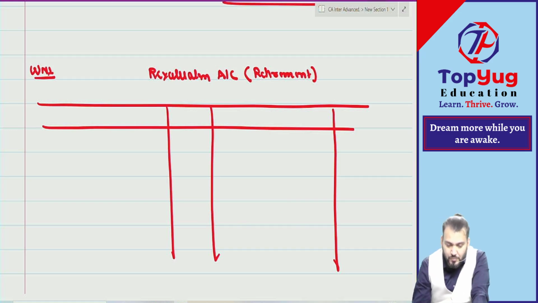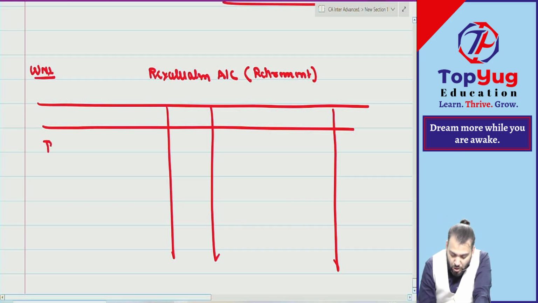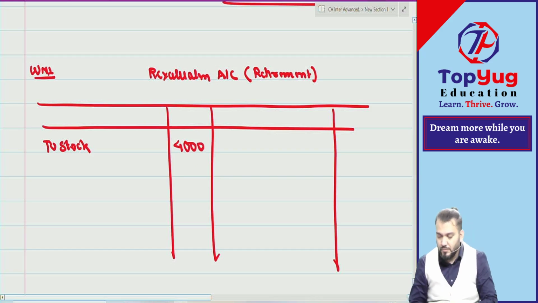What are the assets? Stock is upward or downward? Downward. How much? 4,000. Then you do it.